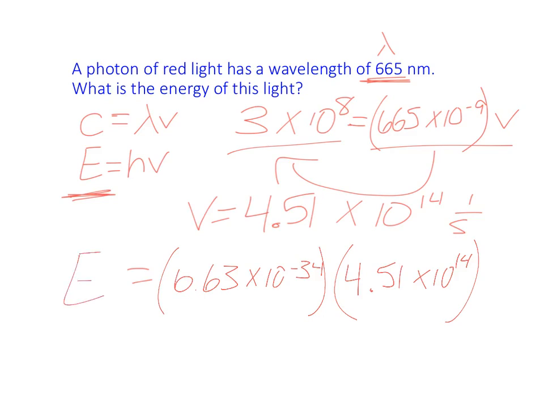All right, this is a lot simpler algebra. You just multiply. So the energy of a photon of red light is 2.99 times 10 to the 19th. That's a negative 19th, my bad, joules.